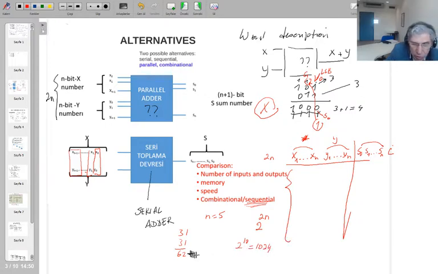Very simple numbers, isn't it? The highest sum is 62. You cannot add high numbers. If you use high numbers, your truth table rows increase drastically. So at that stage, we cannot apply the minimal function realization that we examined already.